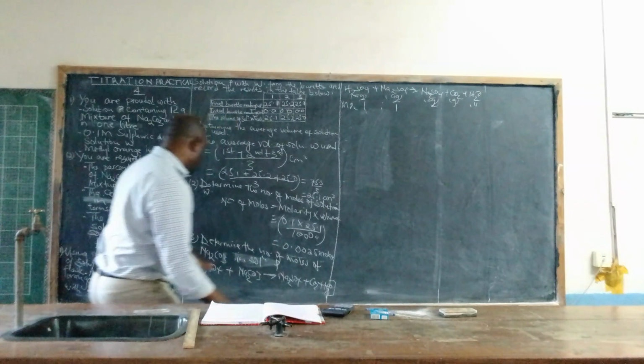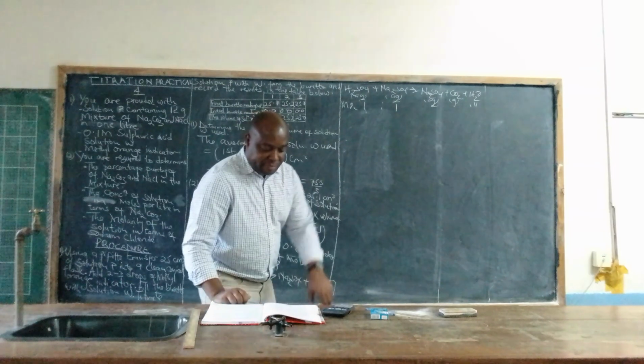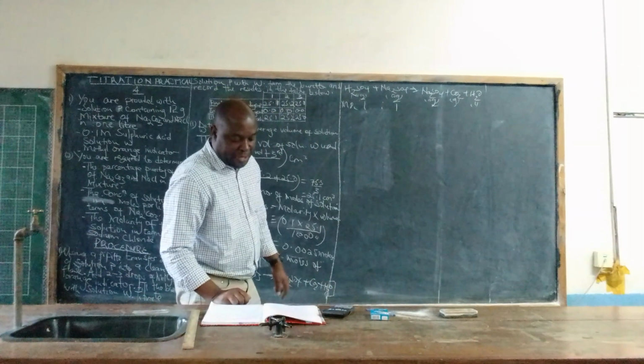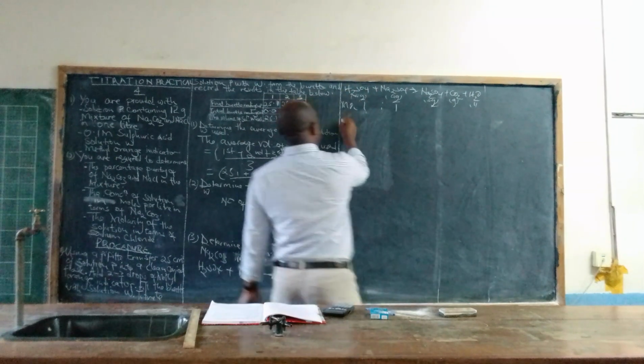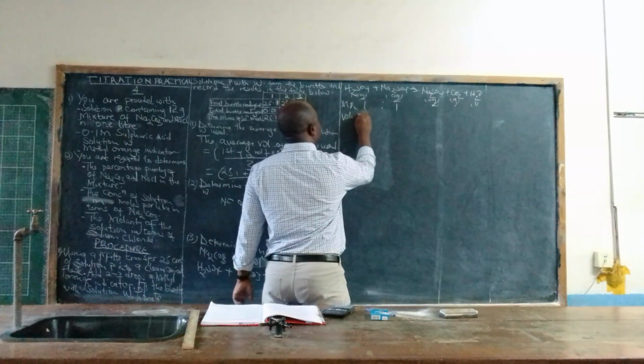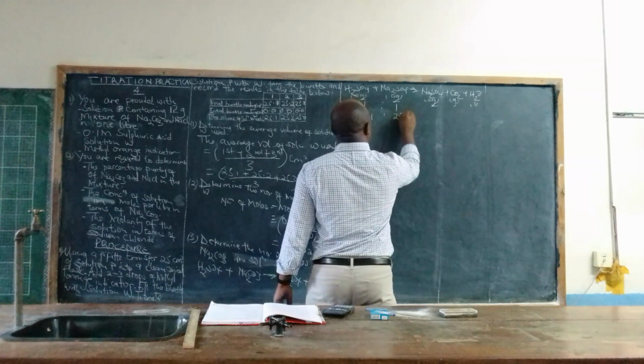Determine the number of moles of sodium carbonate in solution P. The volume here is 25.0.